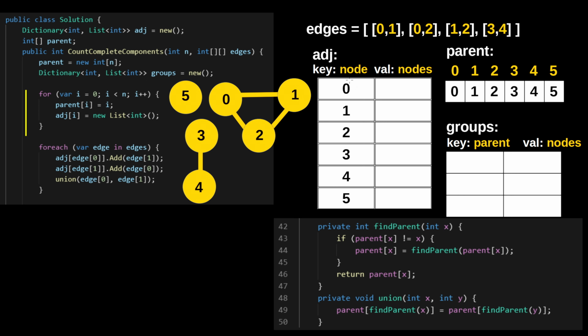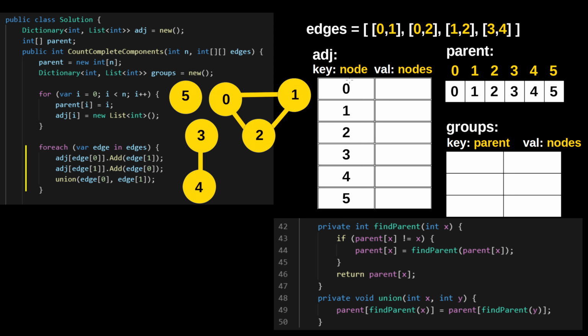So first, I will use a for loop to iterate through all the vertices in the graph. And then I will assign the parent of each node to be itself. This is the normal way we start building the union find structure. In this for loop, I will also initiate a new list for every node in the graph for the adjacency list. Next, using a foreach loop, I will iterate through all the edges.